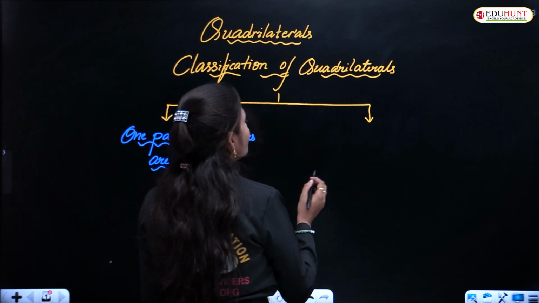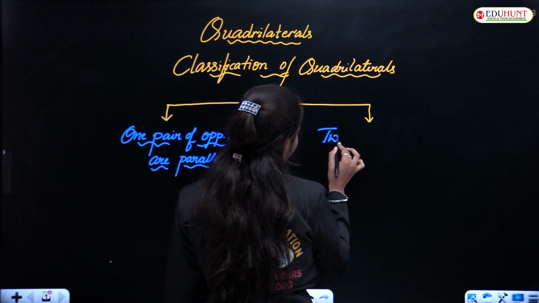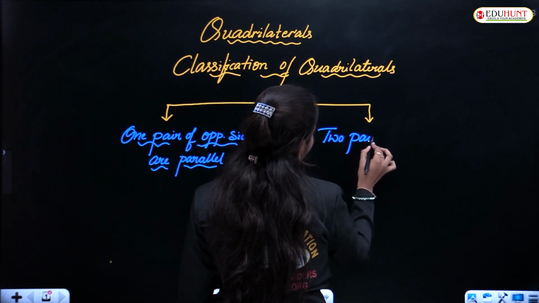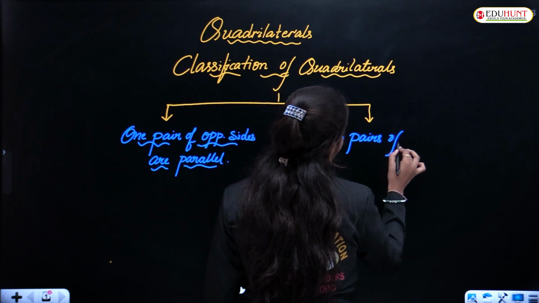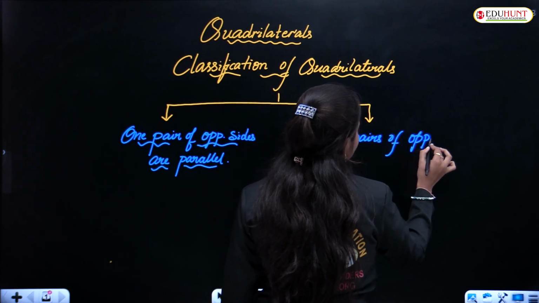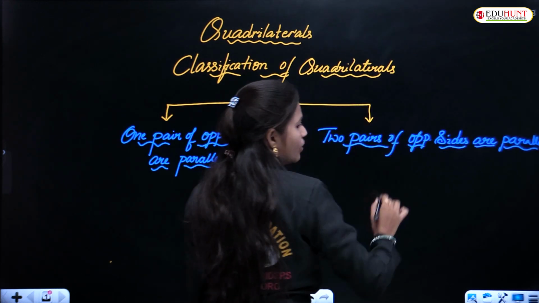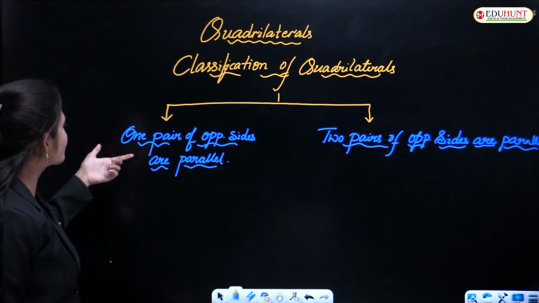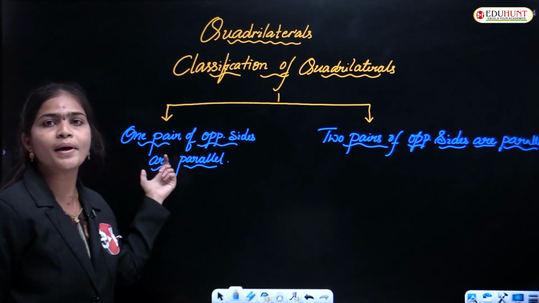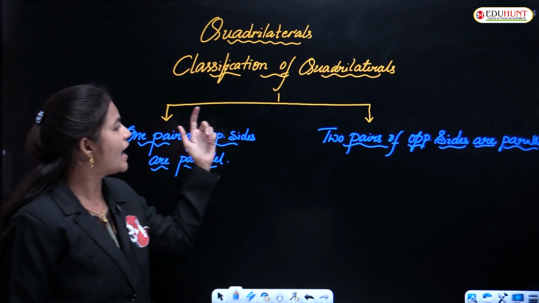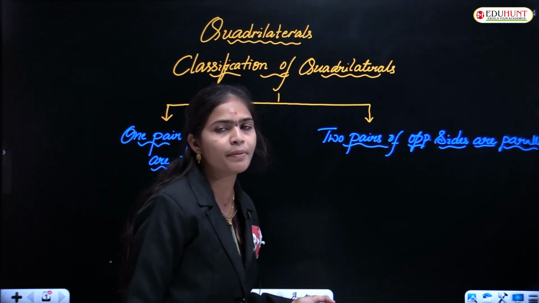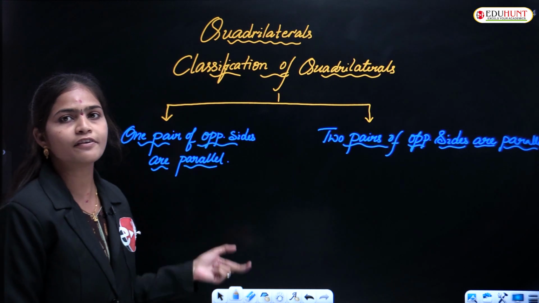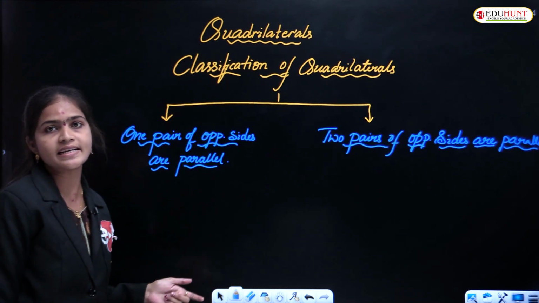Another one here, 2 pairs of opposite sides are parallel. Okay children, so here the classification of quadrilaterals depends on 2 things. One is one pair of opposite sides are parallel, and the other is 2 pairs of opposite sides are parallel. Okay, so let us see the first one, one pair of opposite sides are parallel.